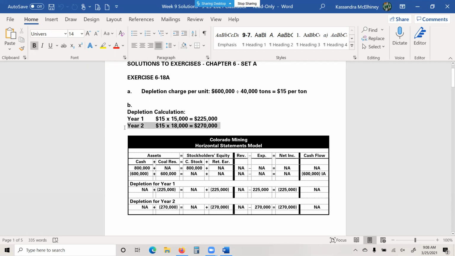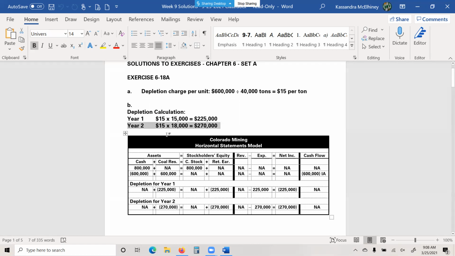Okay, so for year two, the textbook tells us that we extracted 18,000 tons of coal in the mine. So we use our same depletion charge per unit calculated in part A, multiply that by the actual tons of coal extracted during the year, 18,000 tons.